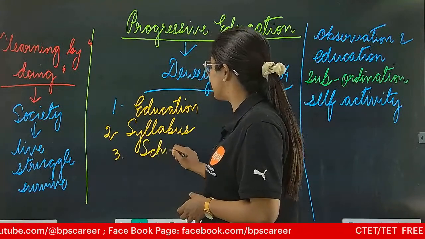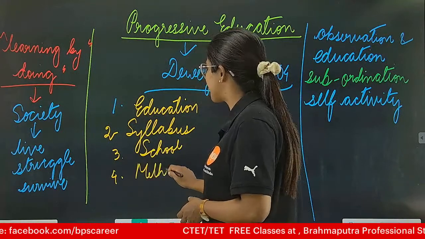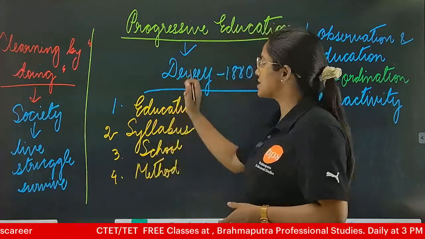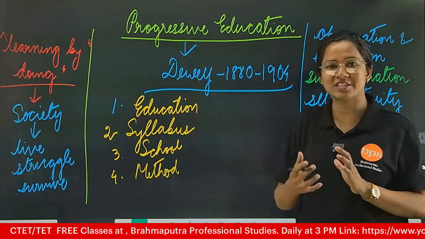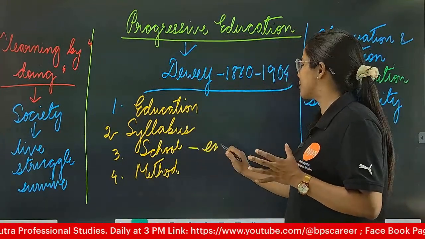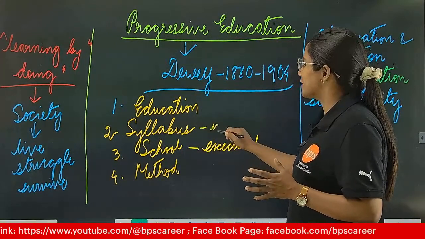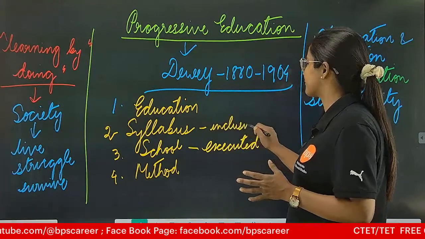School is going to be the only institution which is going to help to carry out what? Ultimately progressive education. Where is it to be executed? It is the school. Syllabus is what? Inclusive syllabus.